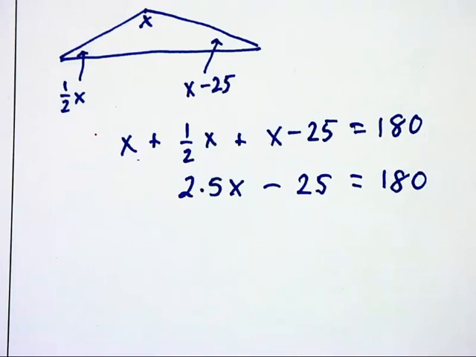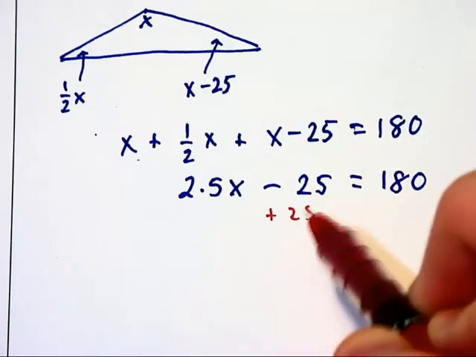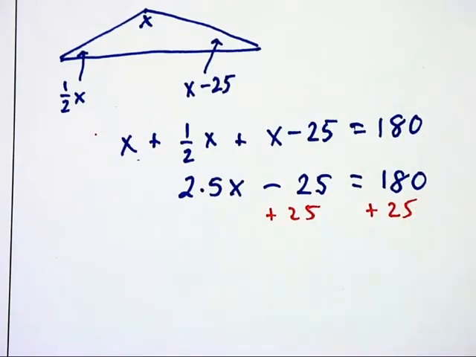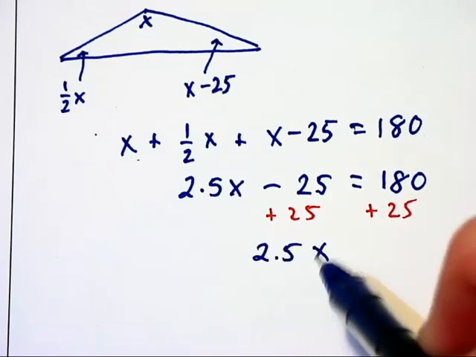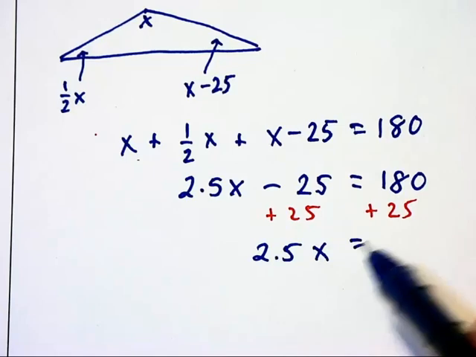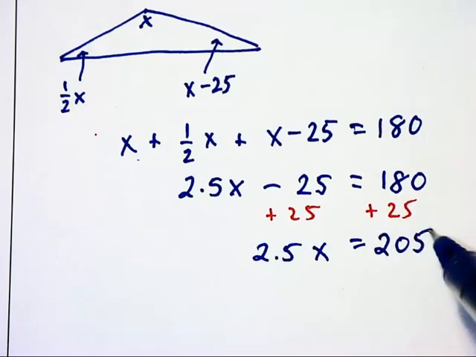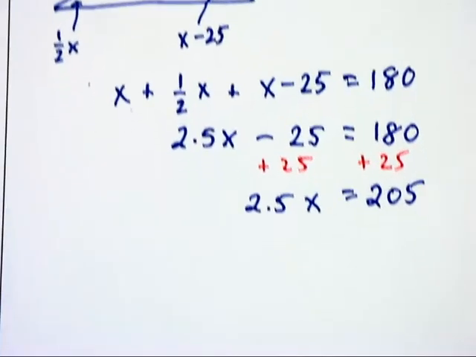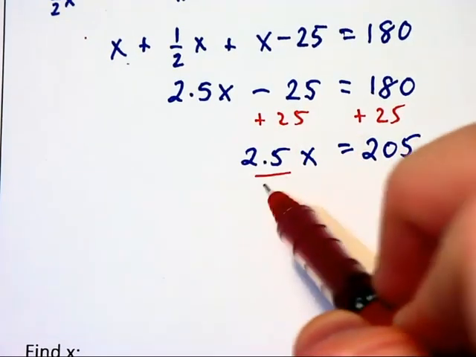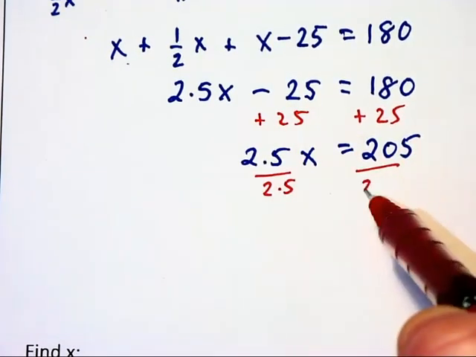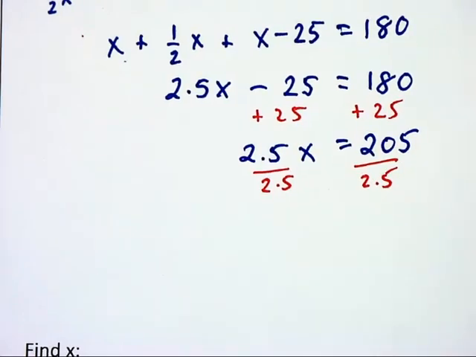I would then add 25 to each side of the equation. That will give me 2.5x on the left is equal to 205 on the right. I would then want to divide each side by 2.5, and we might have to use some scratch paper on that.